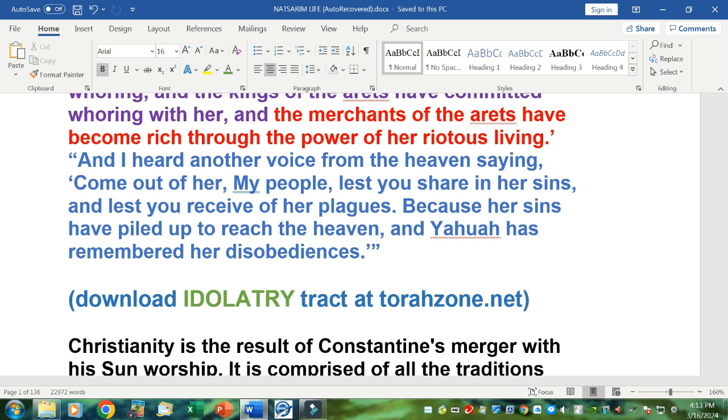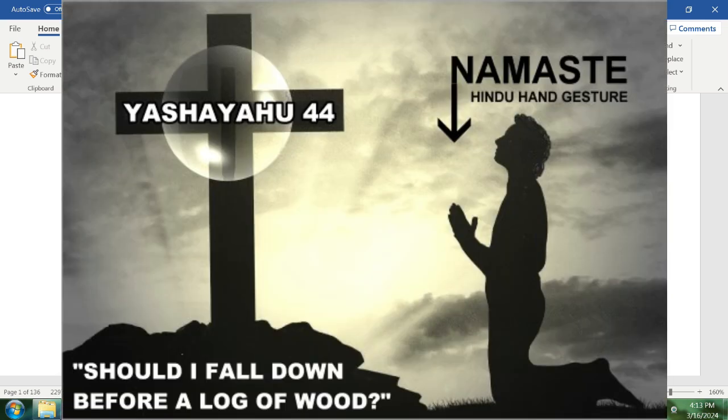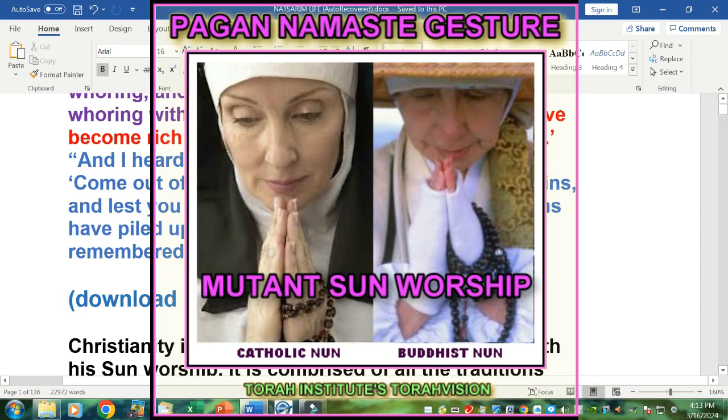It talks about repetitive prayers, the folding of the hands in prayer, which is actually a Hindu symbol of namaste, and it's all pointing to practices that we inherited from our fathers down through the ages from a culture of Nimrod.